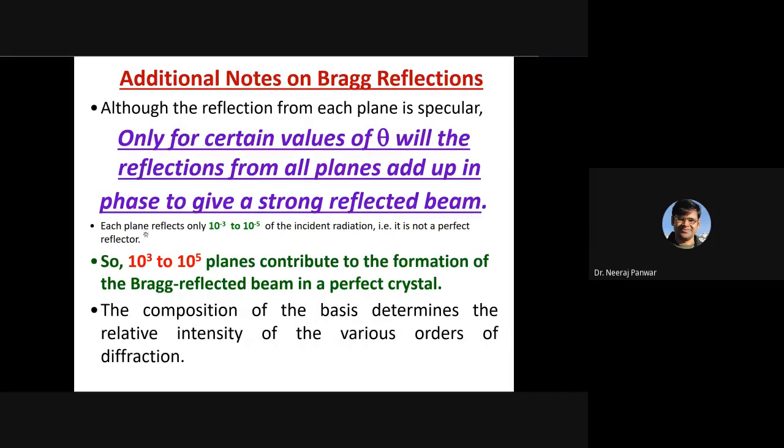Why this is so: each plane reflects only 10 to the power minus 3 to 10 to the power minus 5 of the incident radiation. It is not a perfect reflector. This means that we require 10 to the power 3 to 10 to the power 5 planes, so a large number of planes, to contribute to the formation of the Bragg reflected beam in a perfect crystal.